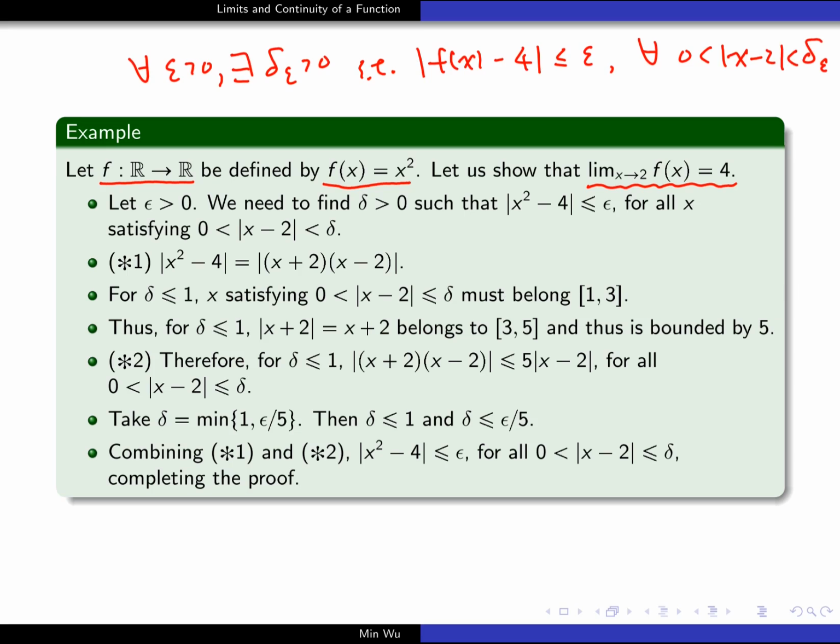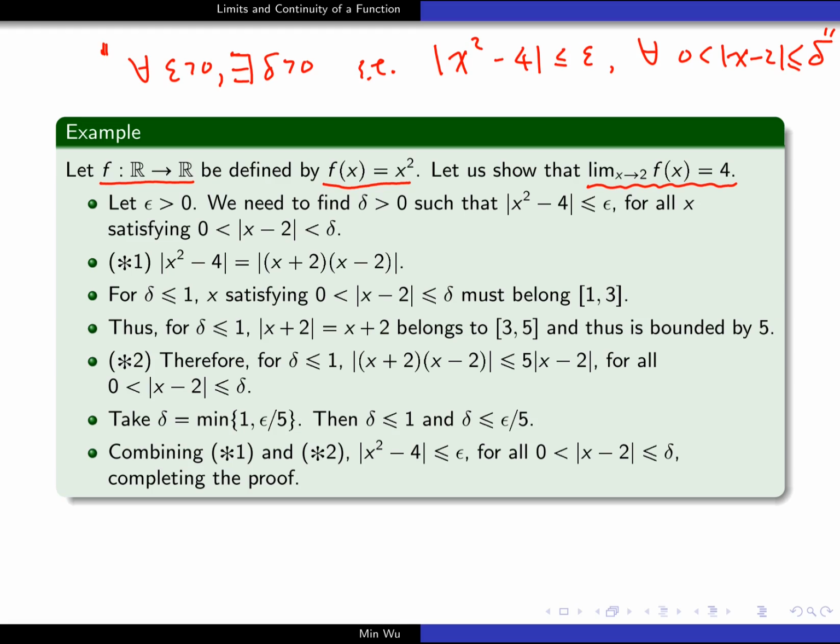For simplicity, let's ignore the epsilon subindex. This is our goal. Because f of x is x squared, we can replace it: we want the absolute value of x squared minus 4 to be less than or equal to epsilon whenever x is within delta.